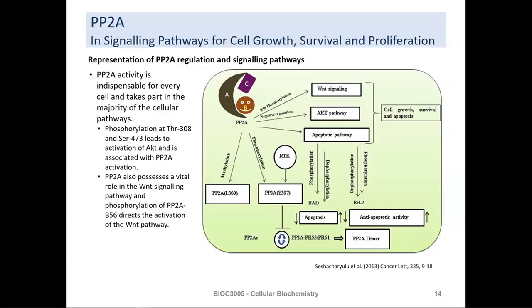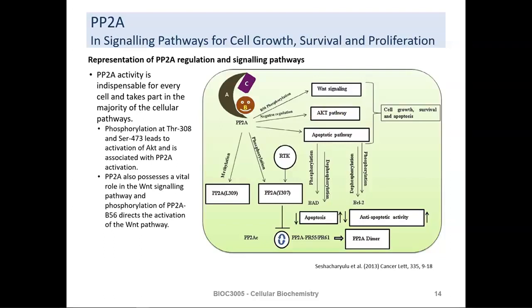The activity of PP2A is also essential in other cellular pathways. We see that phosphorylation of threonine 308 and also serine 473 leads to activation of AKT, or protein kinase B. This is associated with the activation of PP2A.